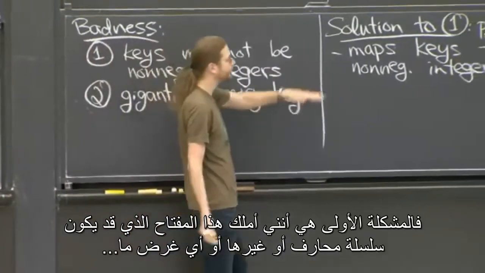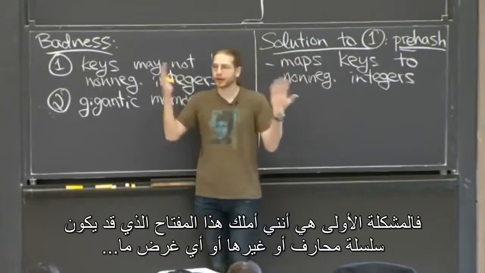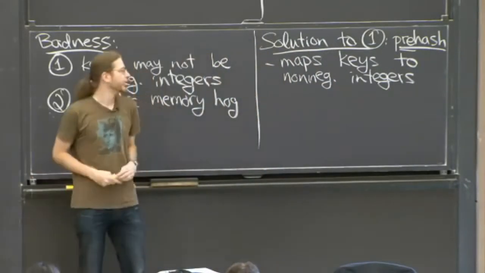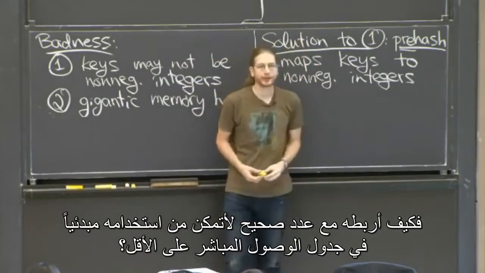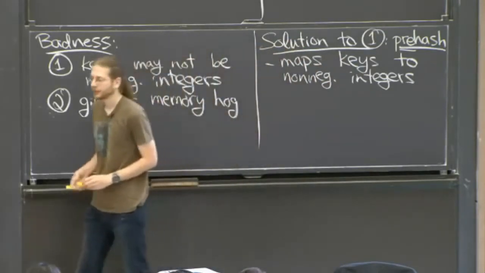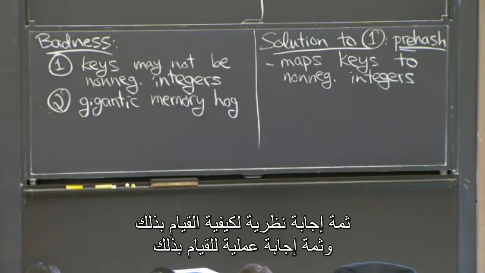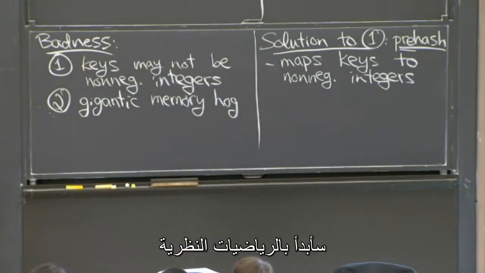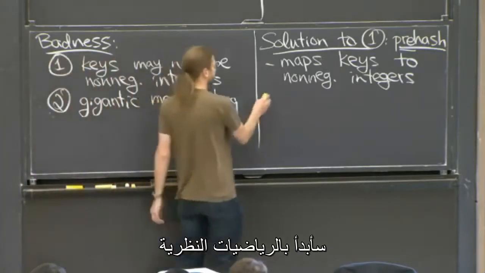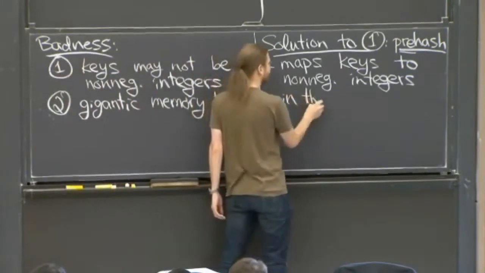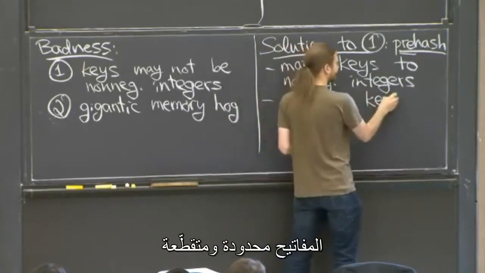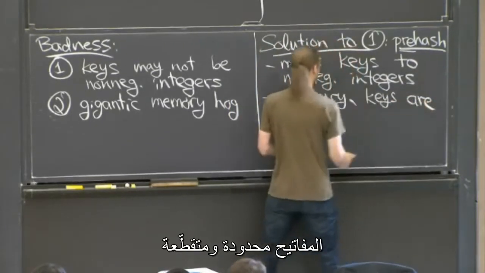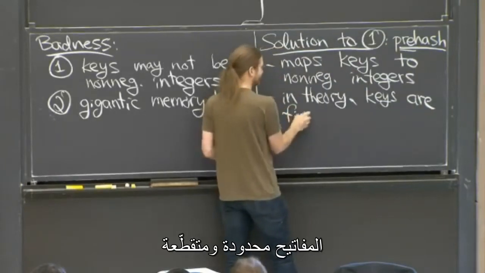The first problem is, if I have some key, maybe it's a string, maybe an object, how do I map it to some integer so I could at least, in principle, put it in a direct access table? There's a theoretical answer to how to do this, and then there's the practical answer. I'll start with the mathematical. In theory, keys are finite and discrete.